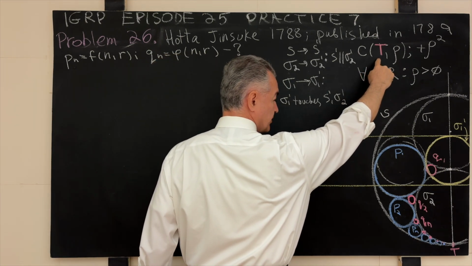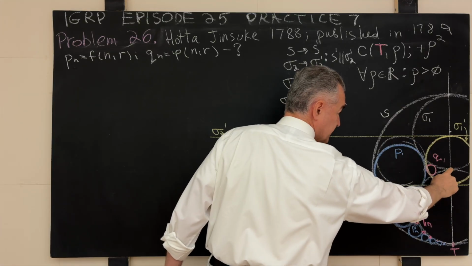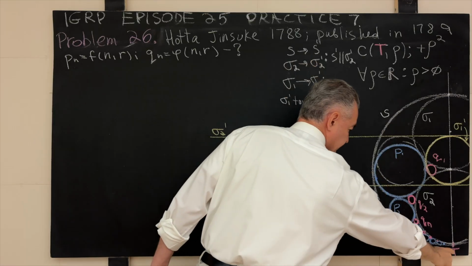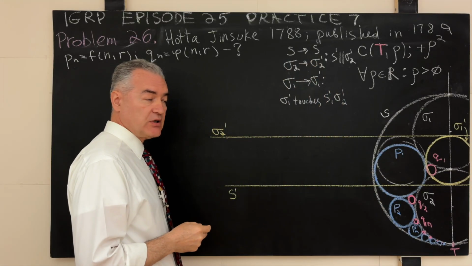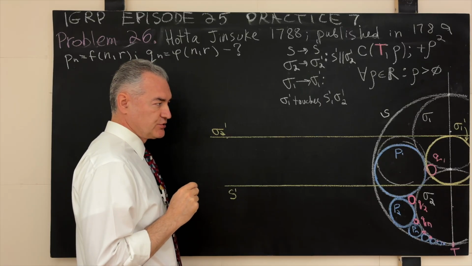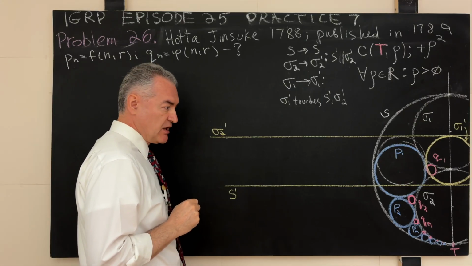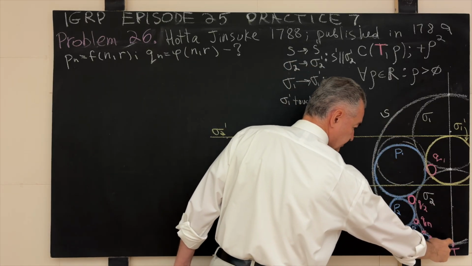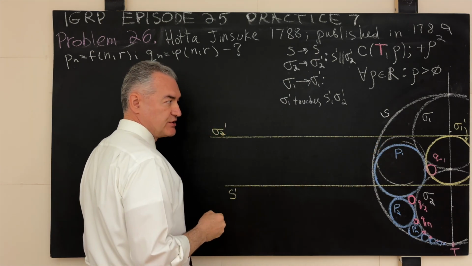It does not pass through the center of inversion T. The circle sigma 1 passes through the center of the outer bounding circle S, but it does not pass through the center of inversion point T. Consequently, that circle will be taken into a genuine circle that also does not pass through the center of inversion T. In other words, our circles S and sigma 2 that do pass through the center of inversion are taken into parallel lines that do not pass through the center of inversion.